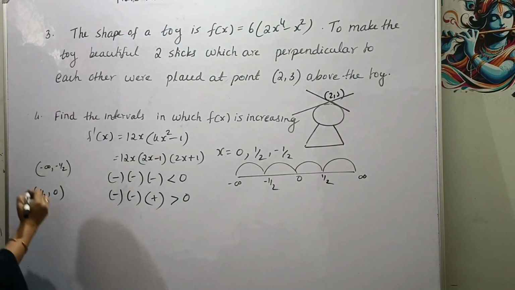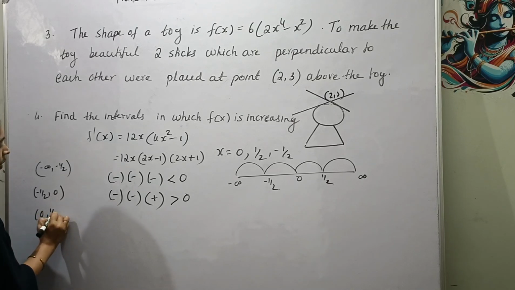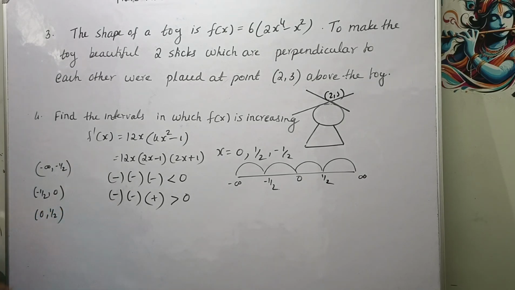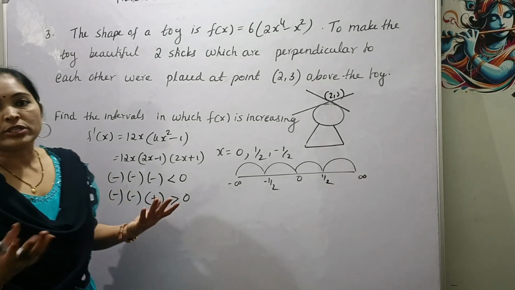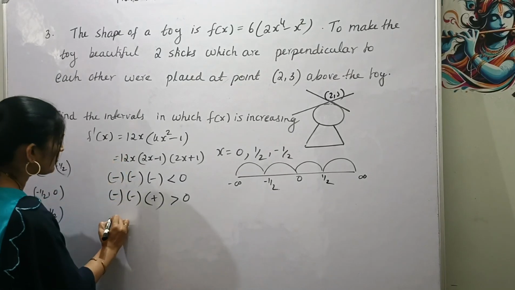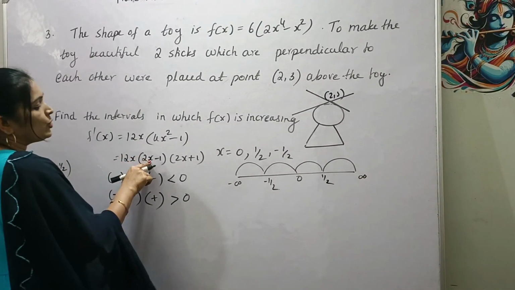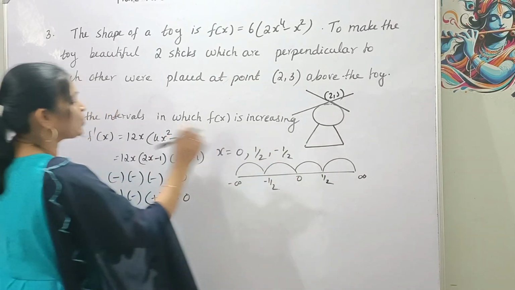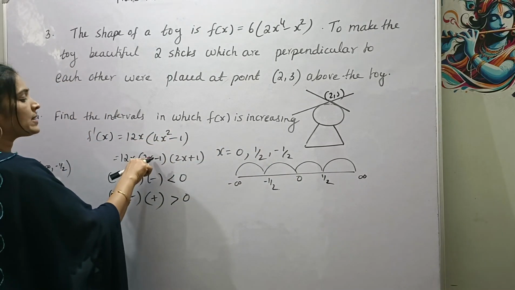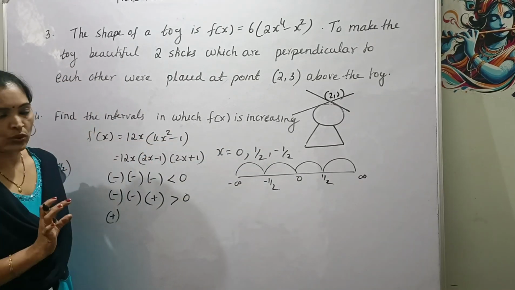Okay, next interval 0 to 1 by 2. All the values are positive. So the first term is positive. And what about this one? Here you substitute x equal to 0. What will you get? 0 minus 1, that is minus 1.